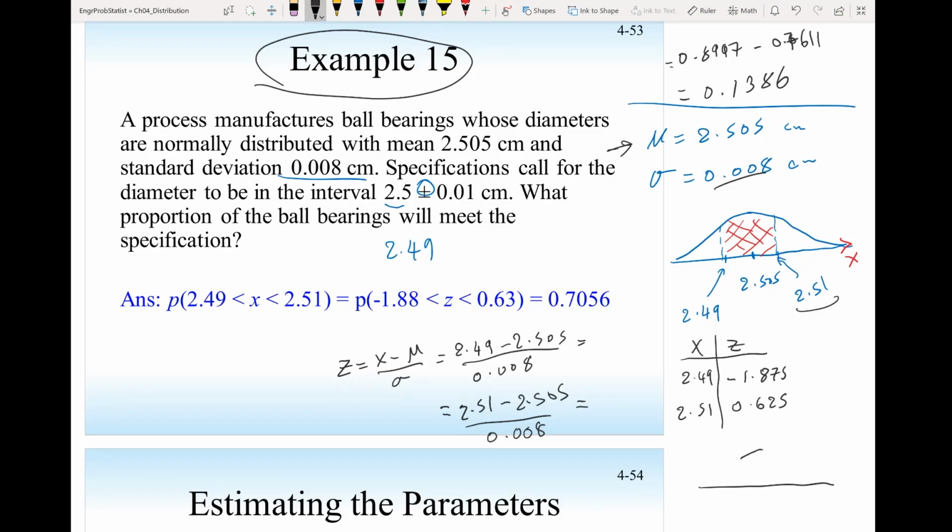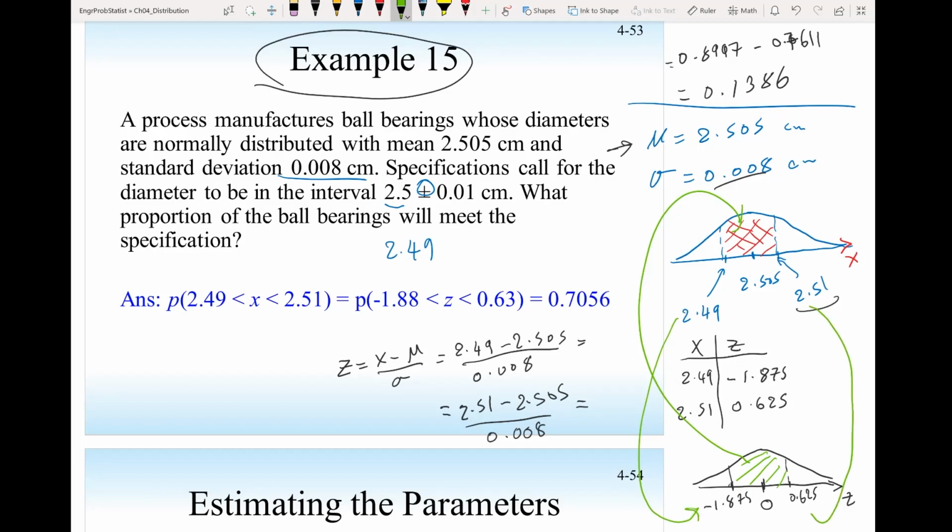This is the normal distribution with z here, and I need to find the area between minus 1.875 and 0.625. So I want to find this green area. And this green area is equivalent to the red area because this is mapped to here, and this is mapped to here.